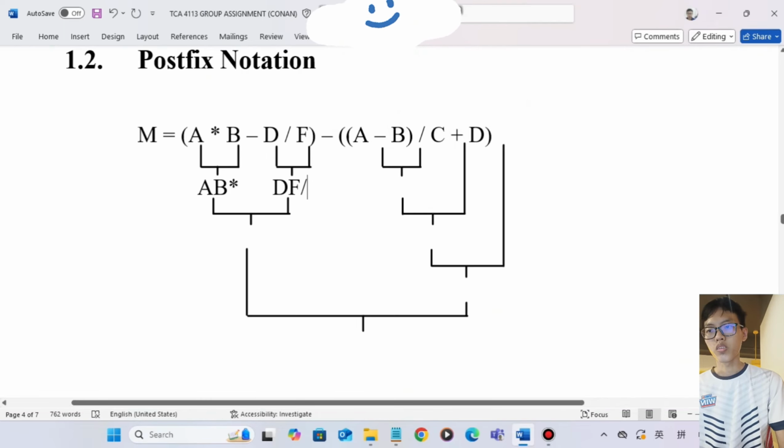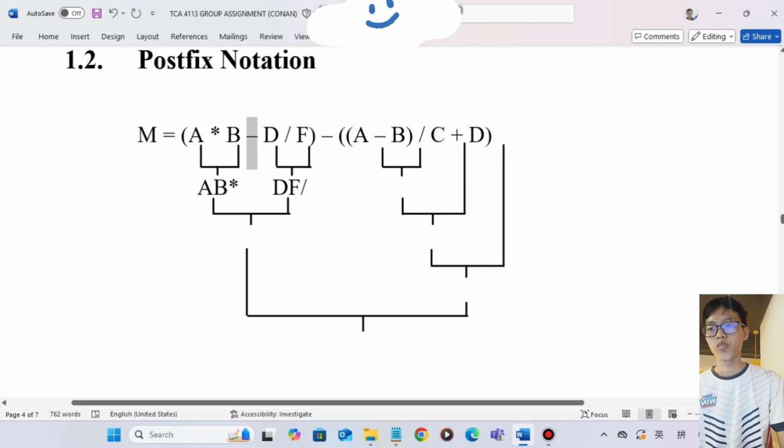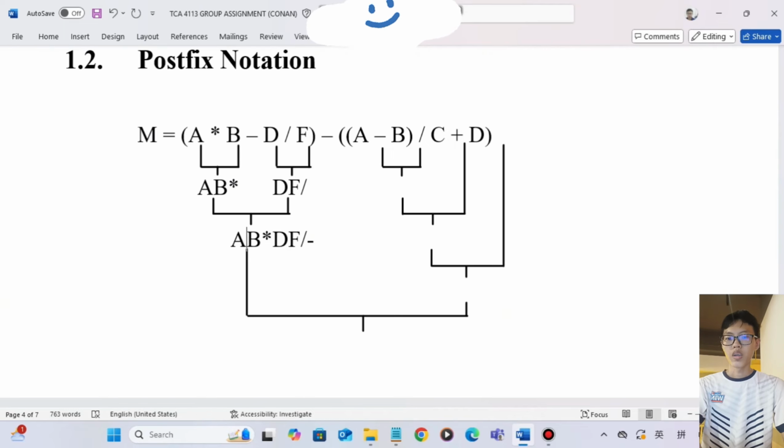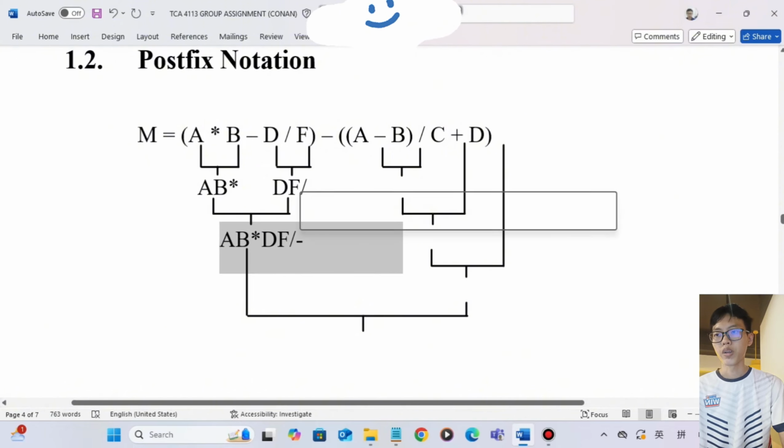So these two are the results of a multiply b and d divided by f. And still we got a subtract operator we did not solve. So we copy the results we just got, a b multiply d f divide, and last we put the subtract operator at the end. And this is the result of the first bracket.